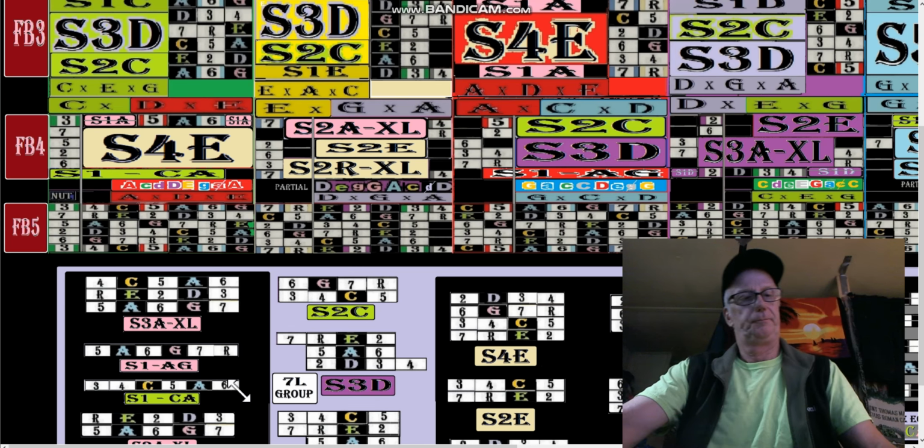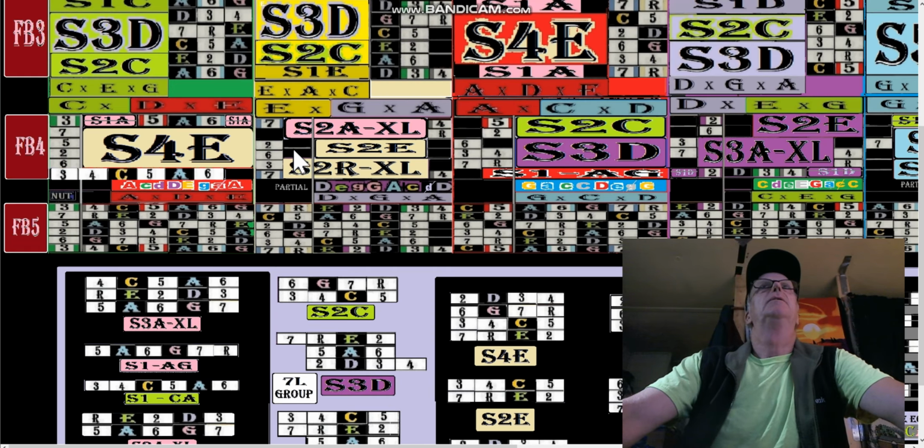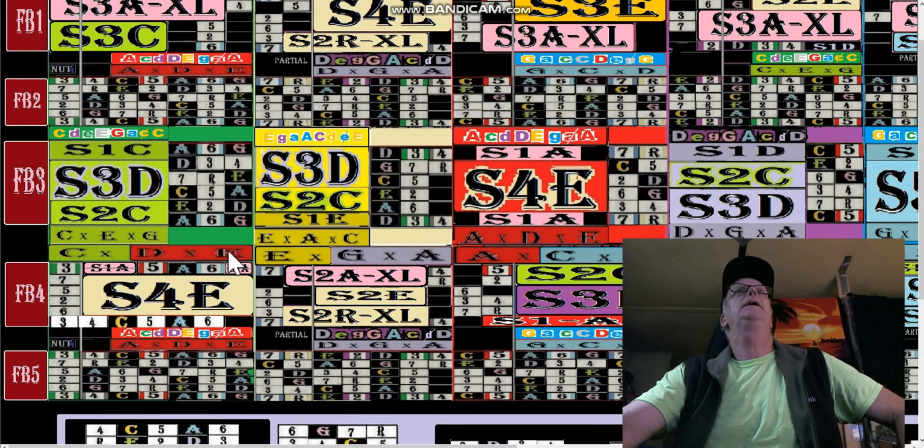So in other words, we're going to take that 3, 4, 5. Let's get the right string shape, and we're going to put it right here where we can play it. That's where that's going to go. That's our starting point, and then we're going to do the S4E.